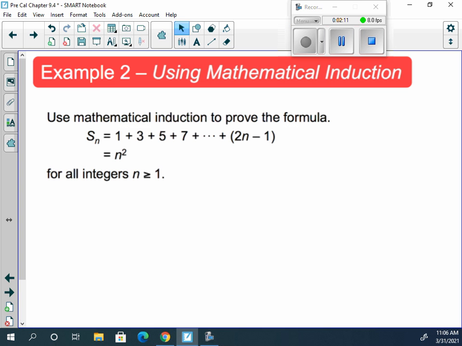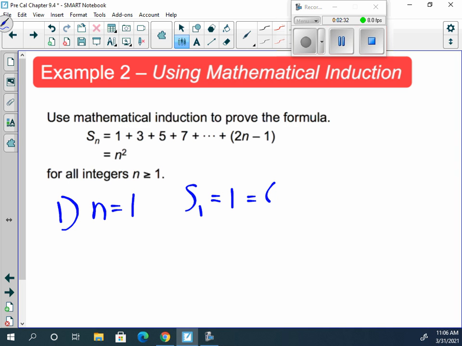Now, the way that mathematical induction works, it works in two parts. Part one, we show it true for the first term. So the very first term, we show that it is true. For this here, that would be saying S of 1 is equal to 1, which is supposed to be the same as 1 squared, and 1 squared is 1.